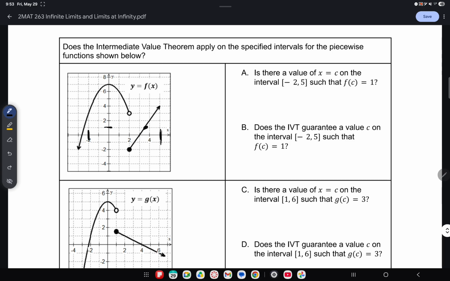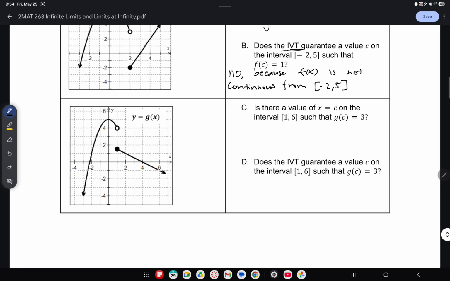And yes, there is. But does the intermediate value theorem guarantee it? It doesn't, because the function is not continuous from -2 to 5. Now, if we changed it and said from -2 to 1, we could say that because it is continuous on that interval. But the interval it's asking for, no.